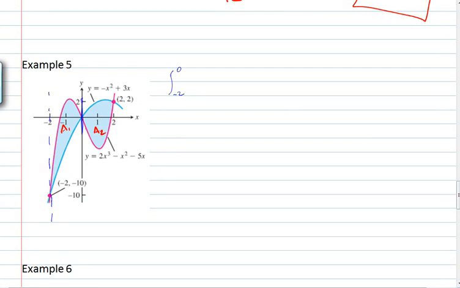In this interval from -2 to 0, what function is on top? Because you take the larger value minus the smaller value. The function that's on top is 2x cubed minus x squared minus 5x minus the function that's on bottom, -x squared plus 3x.